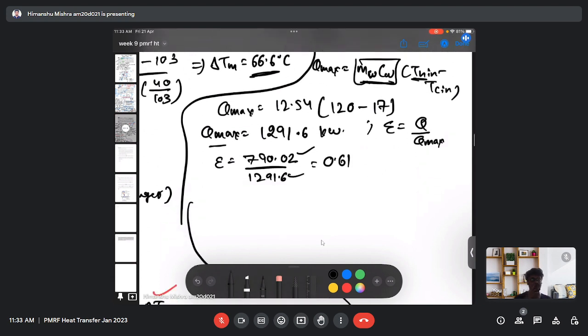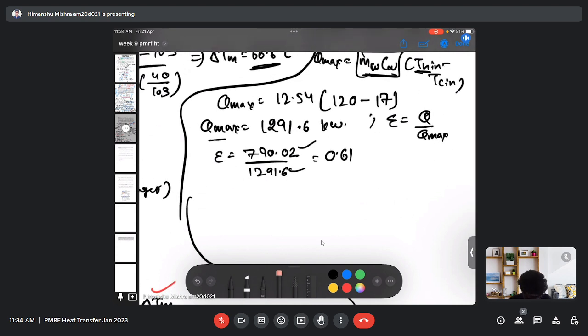Now, if there is condensation or evaporation in any heat exchanger, like in the counter flow heat exchanger, then my NTU formula for such a specific case will be minus log of (1 minus effectiveness). This is valid only for the condensation counter flow heat exchanger.